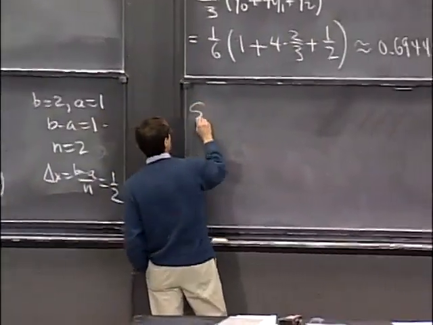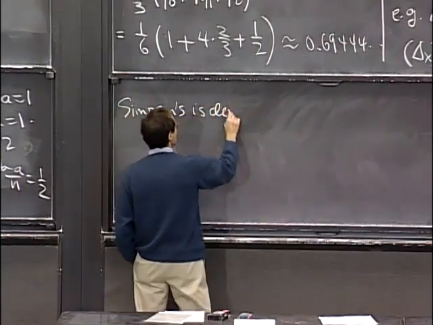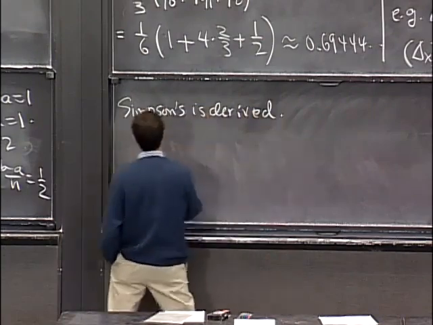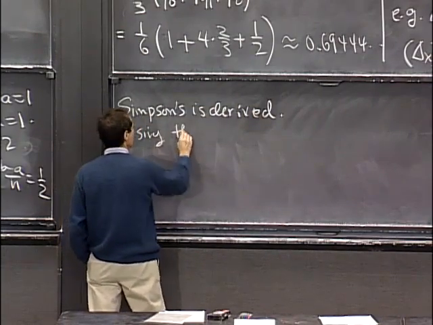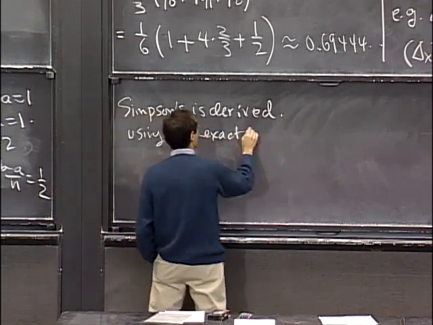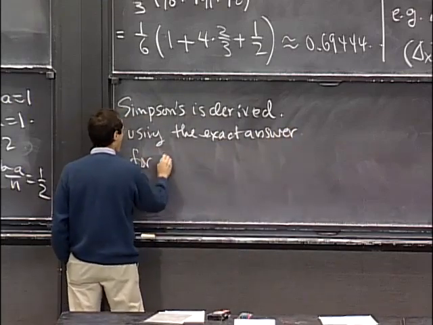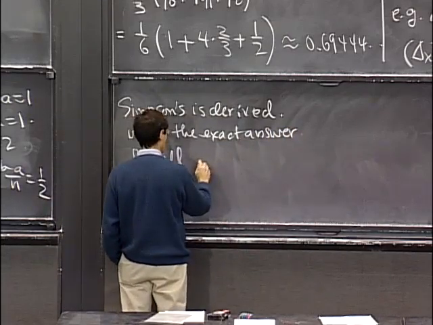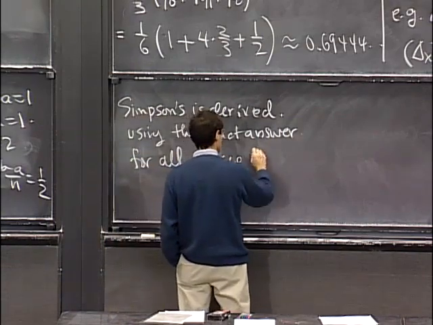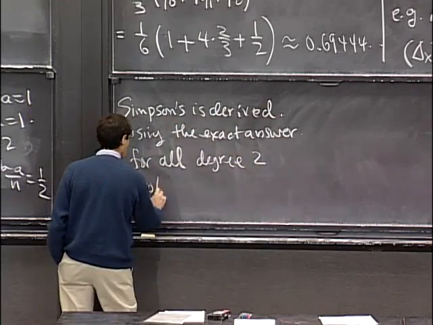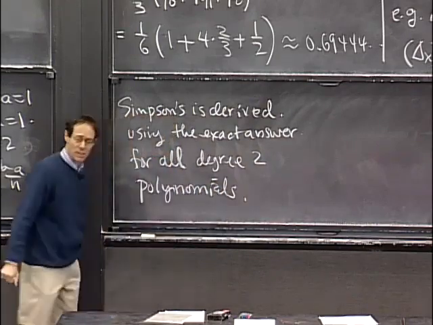So I'll mention this. Simpson's rule is derived using the exact answer for all degree 2 polynomials. In other words, parabolas, all parabolas.